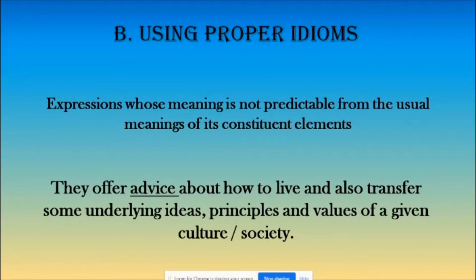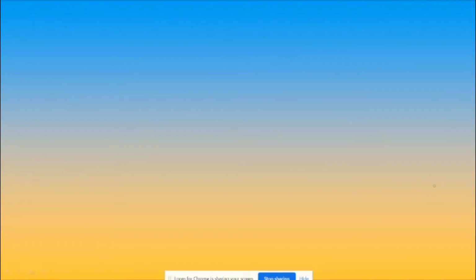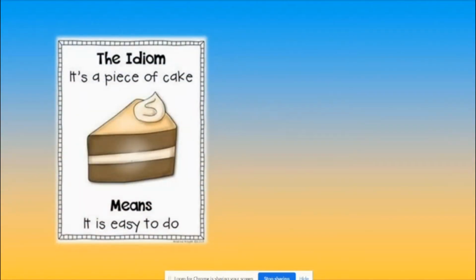These are basically phrases that don't really mean the literal things that they say. An example of idioms is, it's a piece of cake. You're not saying that the thing or the task is literally a piece of cake. You're saying that it is easy to do.